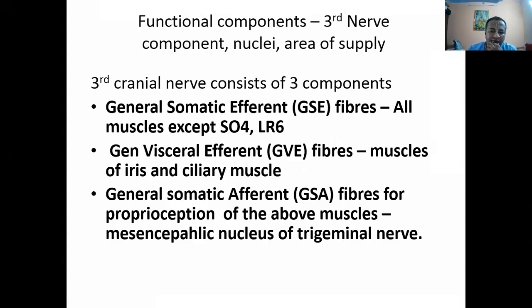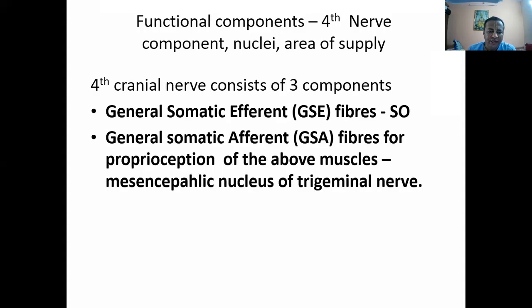So the functional components of the third nerve: general somatic efferent for all the muscles of the eyeball except superior oblique and lateral rectus; general visceral efferent for the muscles of the iris and ciliary muscle; general somatic afferent for the proprioception of the above muscles. The same holds true for the fourth cranial nerve, general somatic efferent and general somatic afferent.